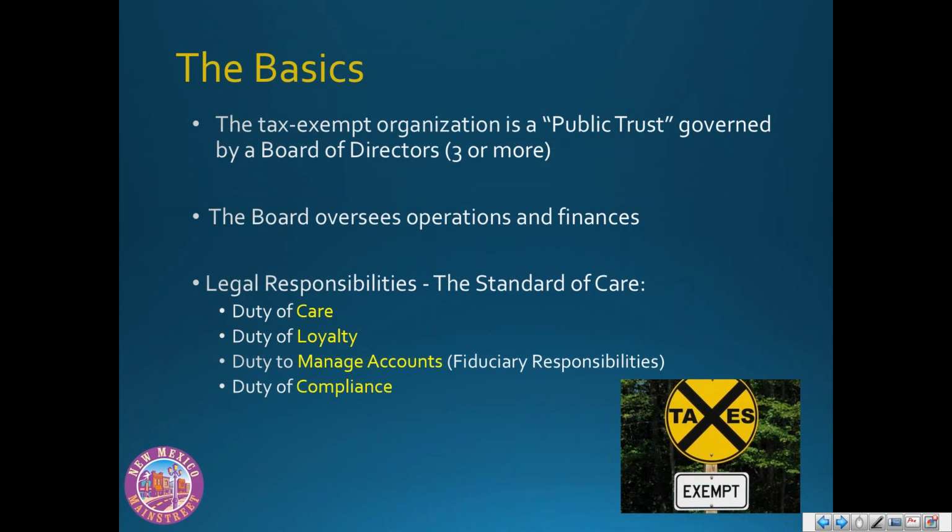A few of our smaller communities have set that lower range of board members to 5 to accommodate the small size of the community, right? The board oversees the operations of the organization, the finances, and by law they are responsible for the standard of care, the duty of care, the duty of loyalty, the duty to manage accounts, and the duty of compliance.